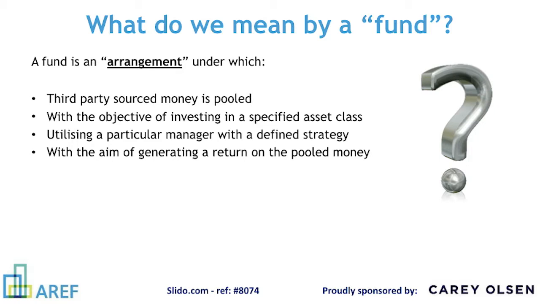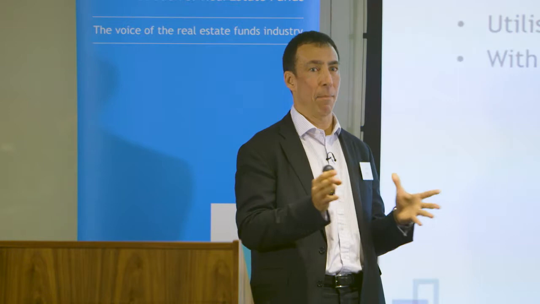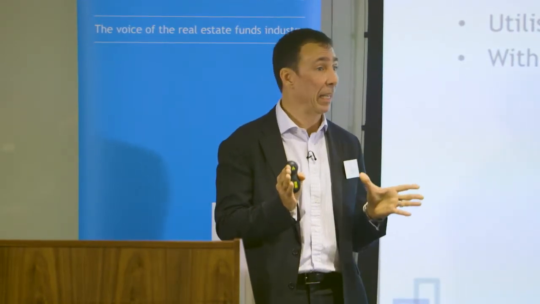Segregated mandate tends to be a particular investor who has a massive slug of investable capital that they want to use. It's big enough they don't need to be pooled with anybody else, but they want that manager to do it for them. They make arrangements with that manager to manage that pool of assets for them.